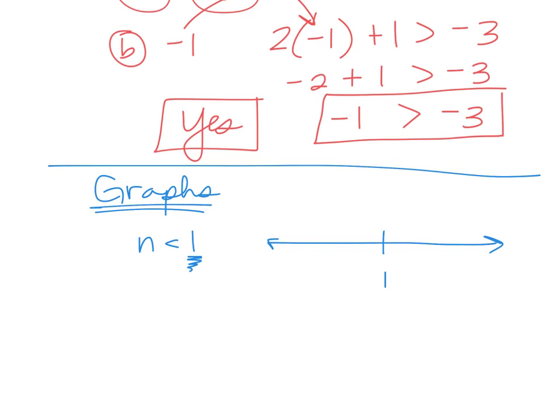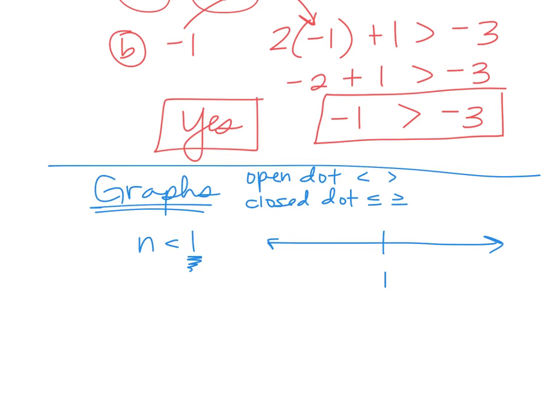Okay, so the first thing you got to know about graphing is you do an open dot for less than and greater than, and you do a closed dot for less than or equal to and greater than or equal to, because if it's equal to, it could equal that number, and if it's not, it can't.